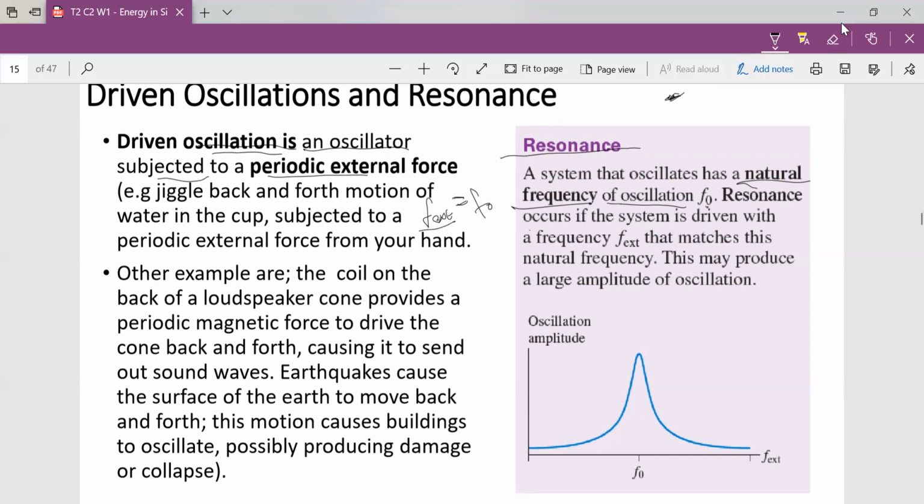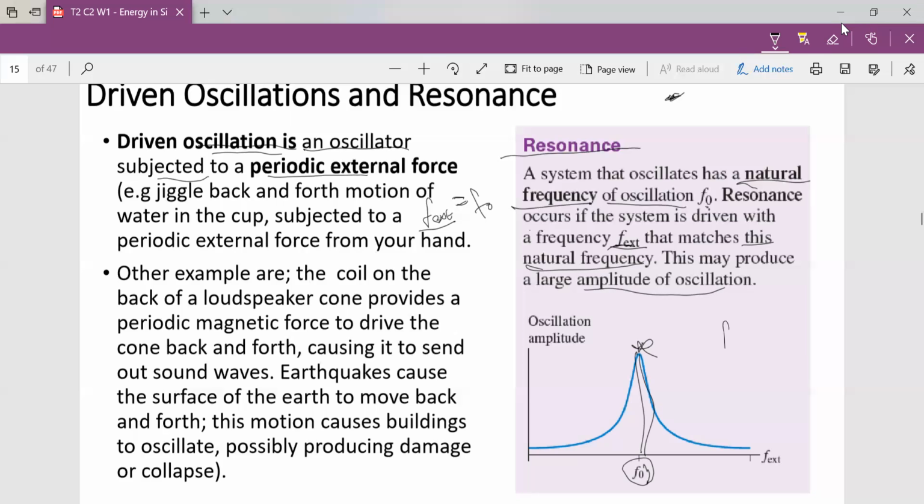So resonance occurs if the system is driven with the driven frequency or external force, and it matches the natural frequency. This may produce a large amplitude of oscillation. So that is how we know that that happens. We suddenly see a high peak, and that is what you have here. A position where the natural frequency is equal to the driven frequency.